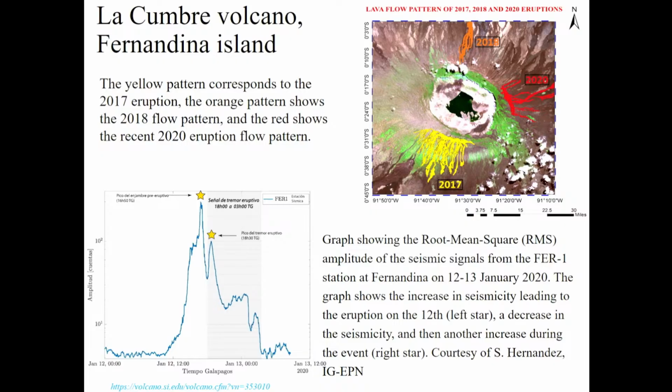Okay. Now one thing is very obvious, that eruptions are not in a particular direction.